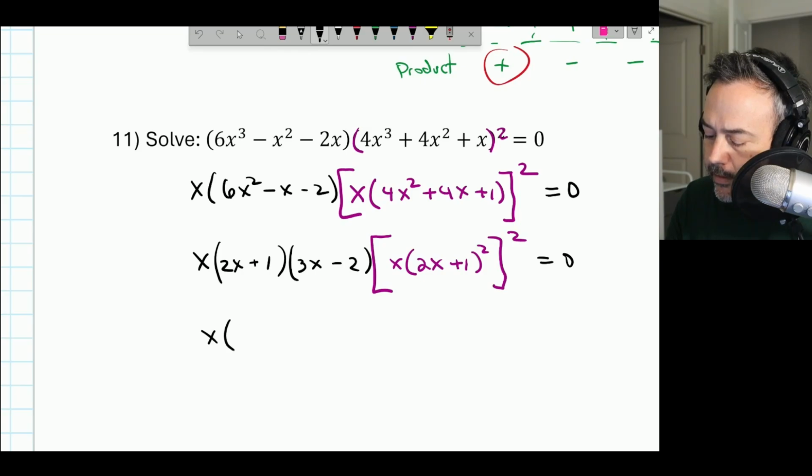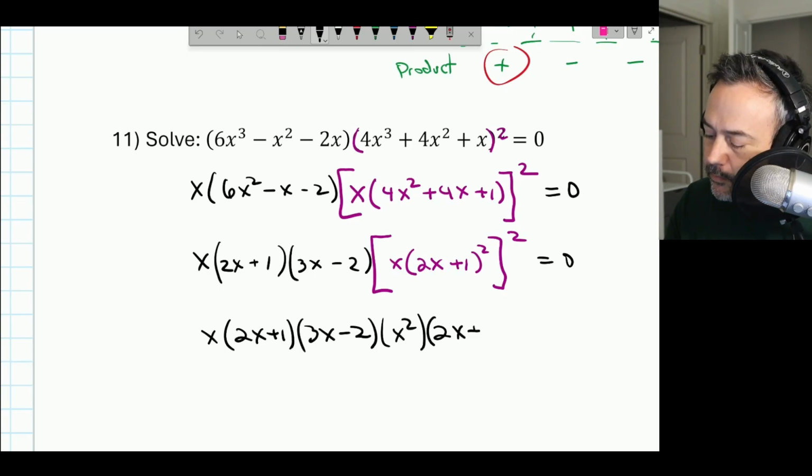One more step: x, 2x plus 1, 3x minus 2, and I've got a factor of x squared because that x is being squared, and this is 2x plus 1, 2 times 2 is 4, equals 0.